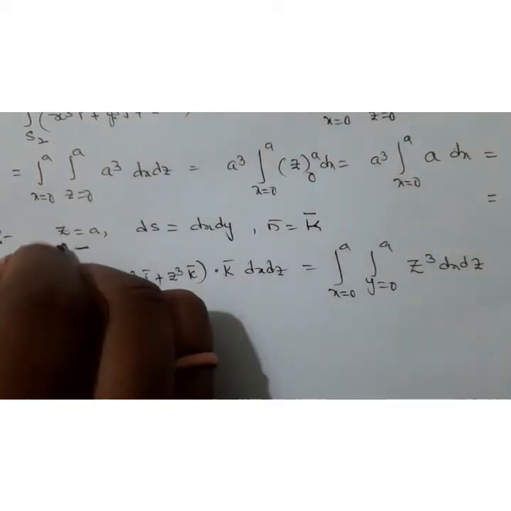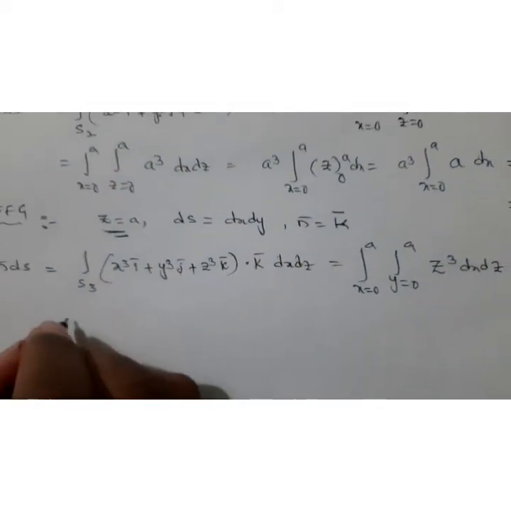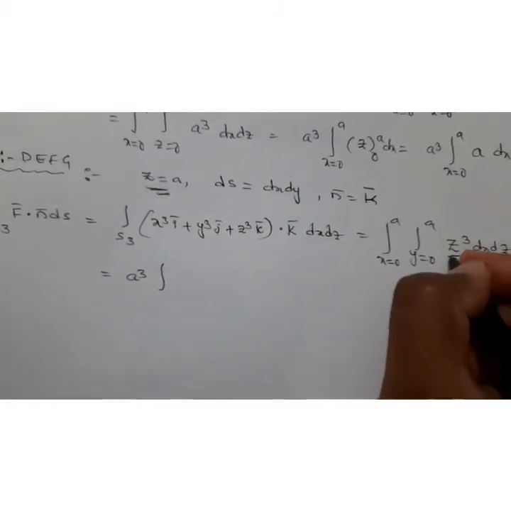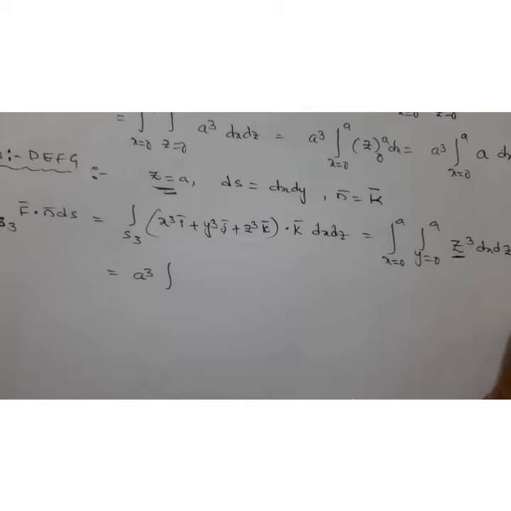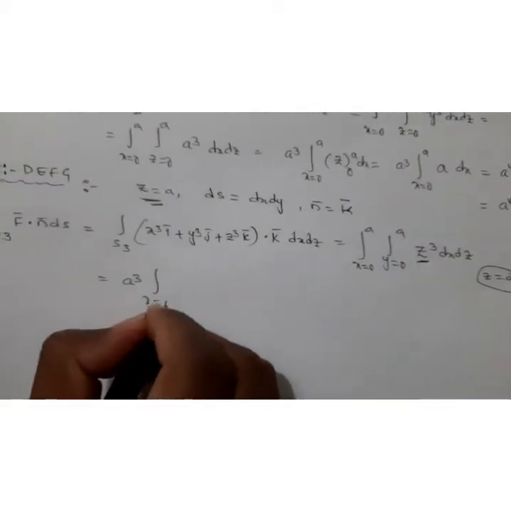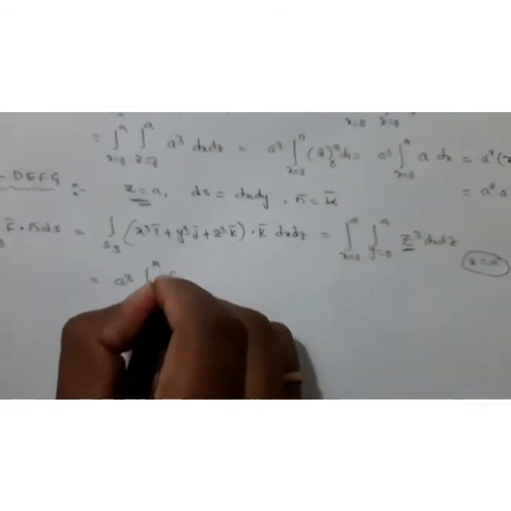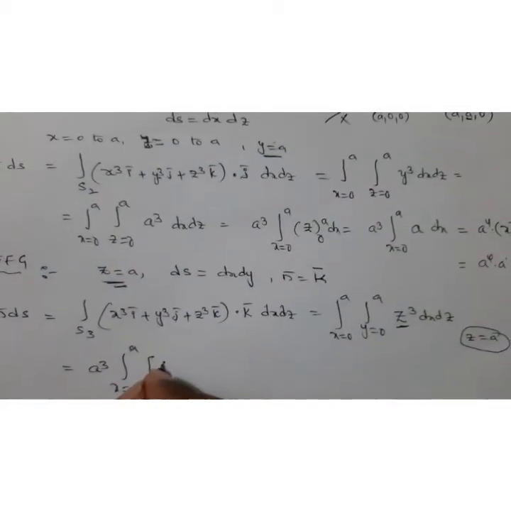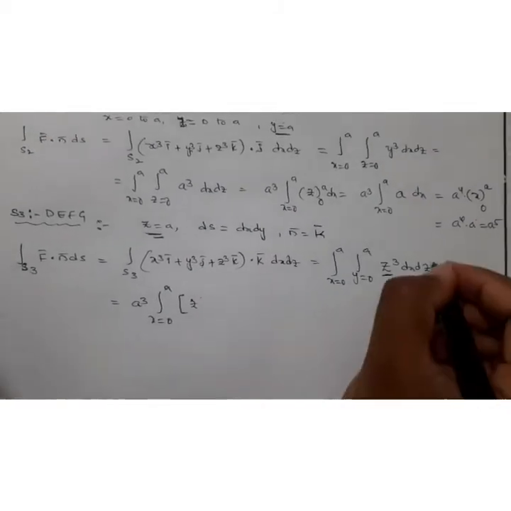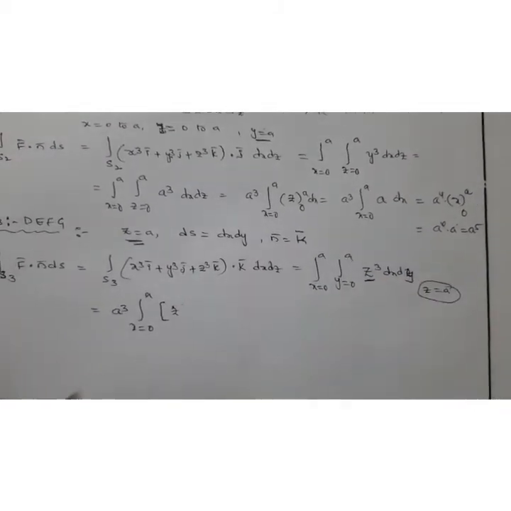Already we know the z value is a. Substitute that, a cube is constant, I am writing outside. Substitute z is equal to a, z cube value is a cube. x is equal to 0 to a, dx dy, not dx dz, dx dy.